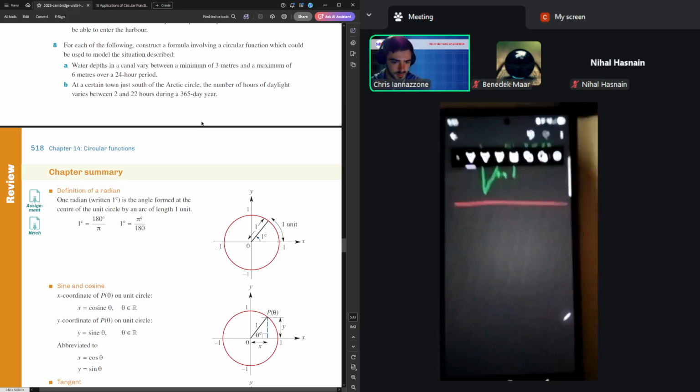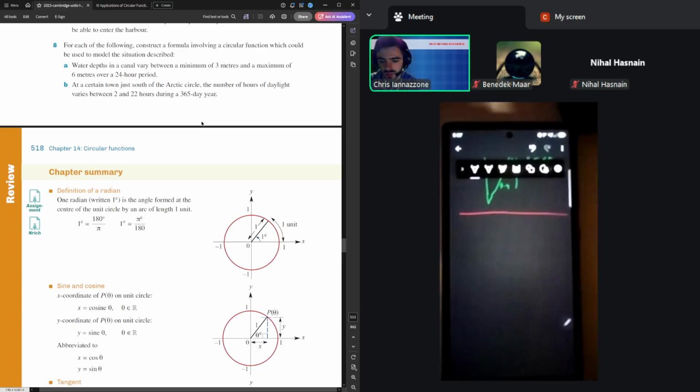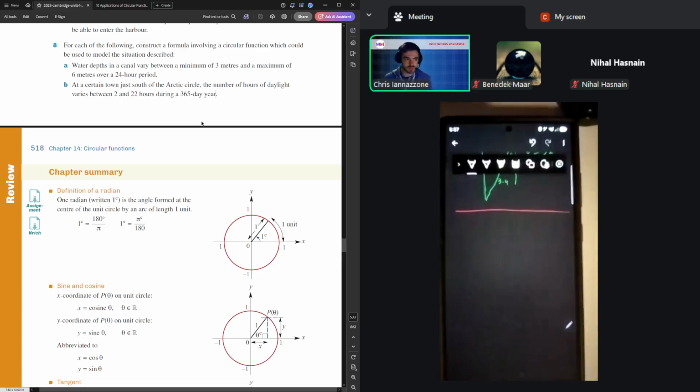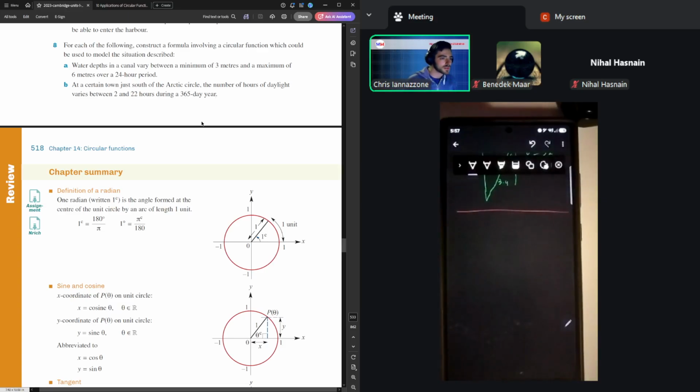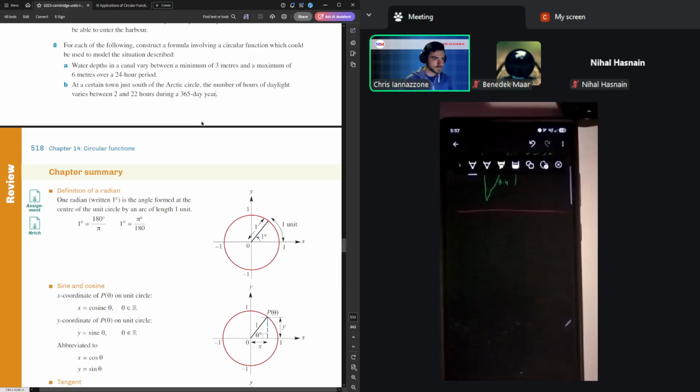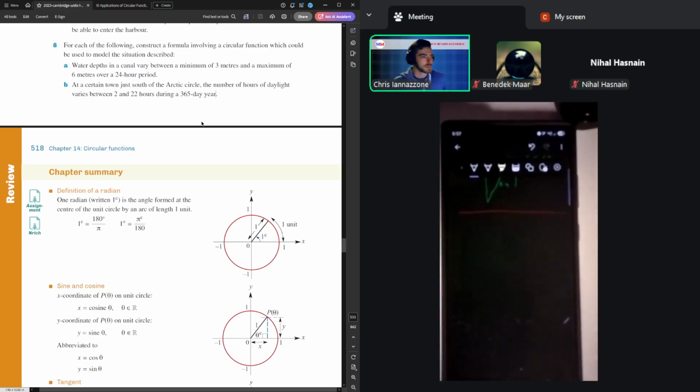Okay, so we're given pretty much no real guidance here as to what circular function to even use. Could use sine or cos. Definitely don't want to use tan though. Min of 3 meters, max of 6, 24-hour period.